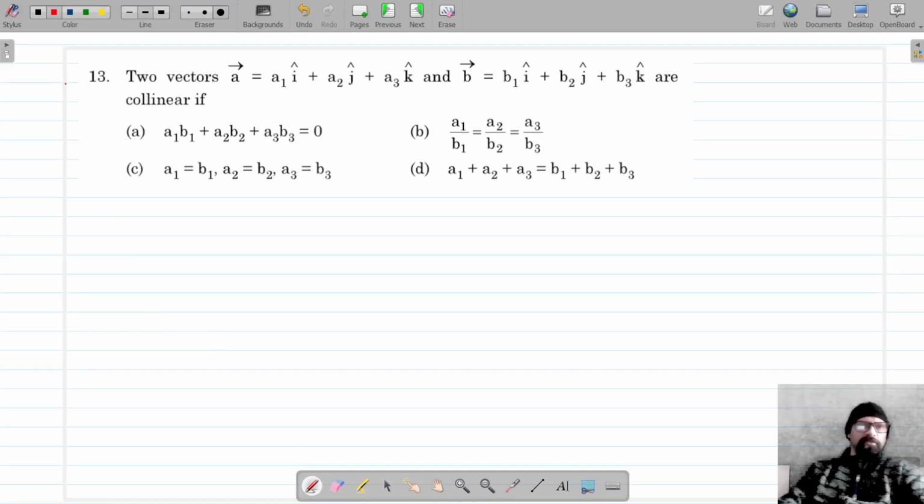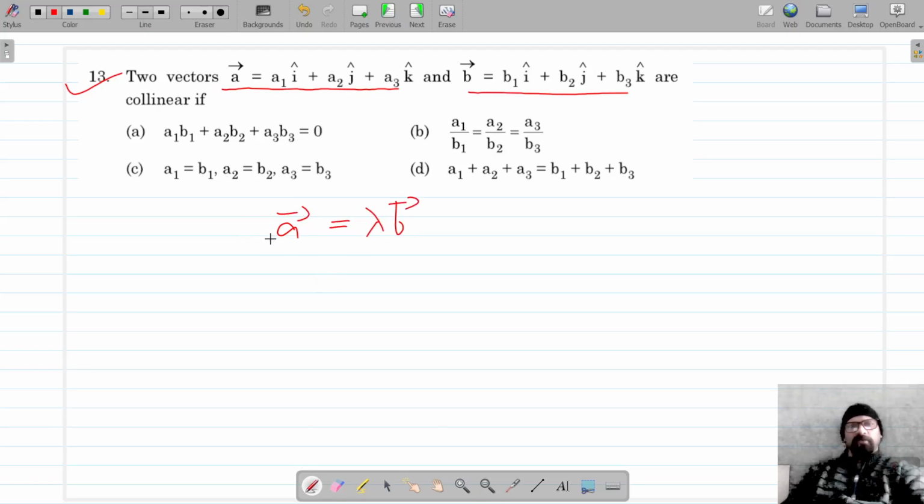This is question number 13. It's given: what is the condition for two vectors to be collinear? Now the two vectors A and B are collinear if I can write A in terms of lambda times B. Then we can say that A and B are collinear.